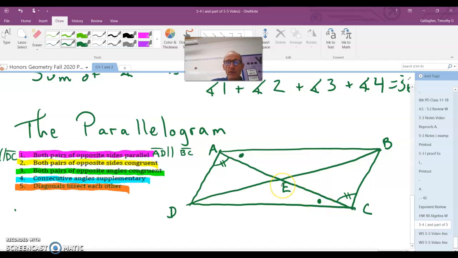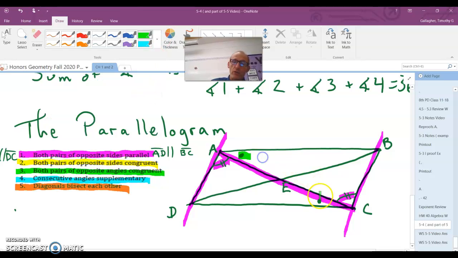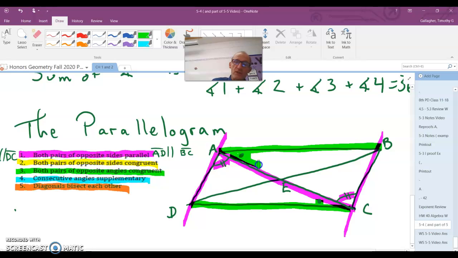Well, those are alternate interior angles. Now, these two angles are congruent because this is parallel to this, all right? And you can see your transversal here, okay? Now, we're going to be careful here because we're going to say that this angle is congruent to this angle because these two are parallel, okay? And this is the same transversal.